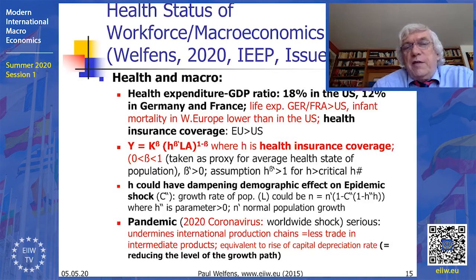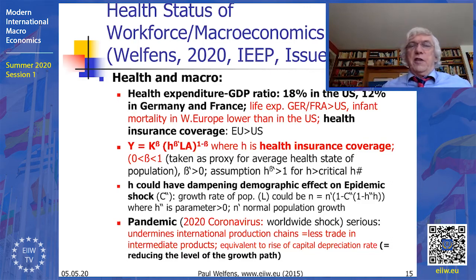So L times A is usually dubbed labor efficiency units, but here we have multiplied it also with small h to the power beta prime, and h is health insurance coverage, or we could say a proxy for the health status of the representative worker.